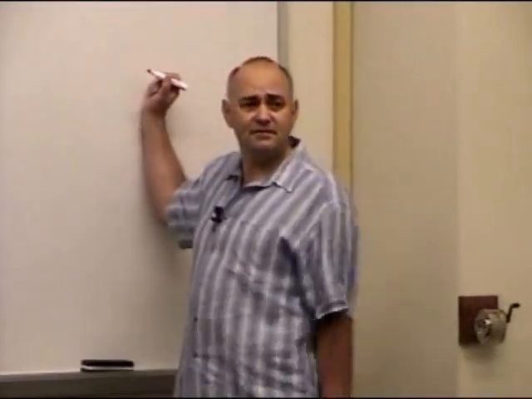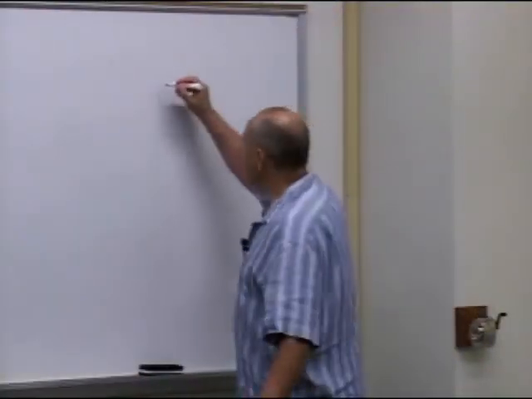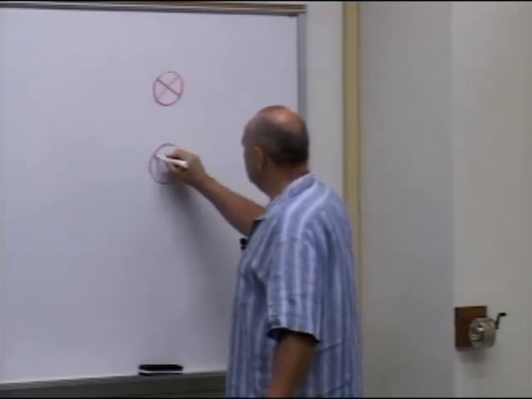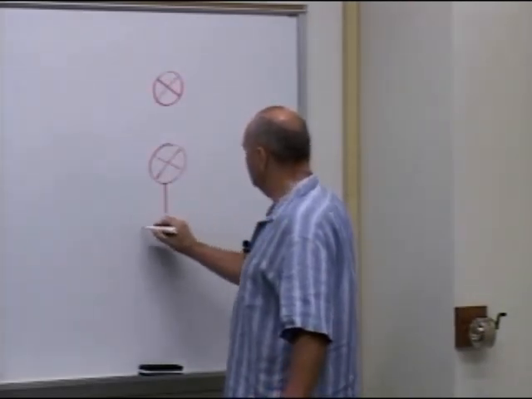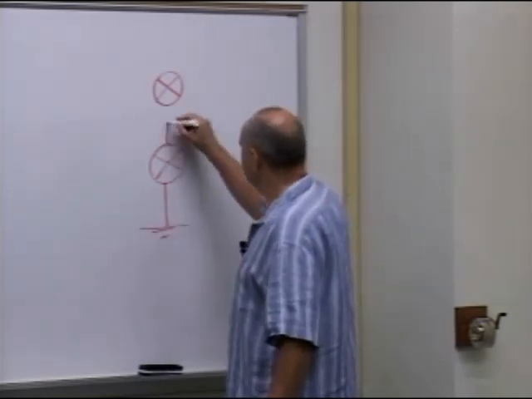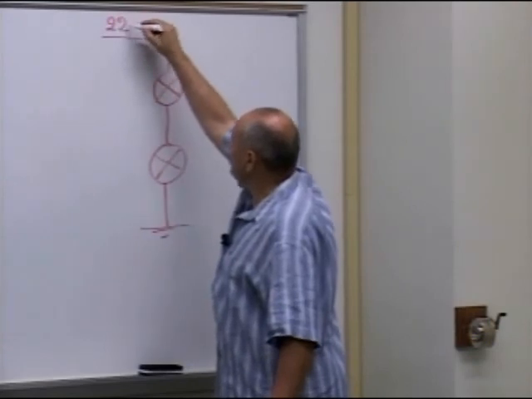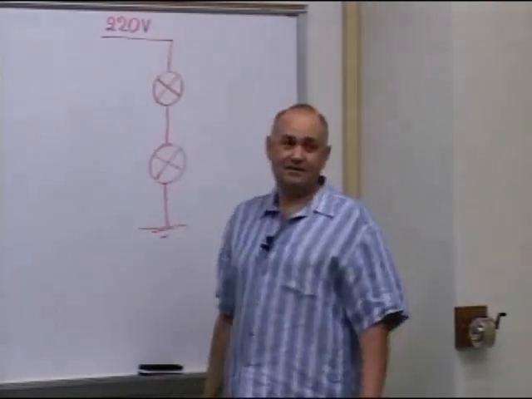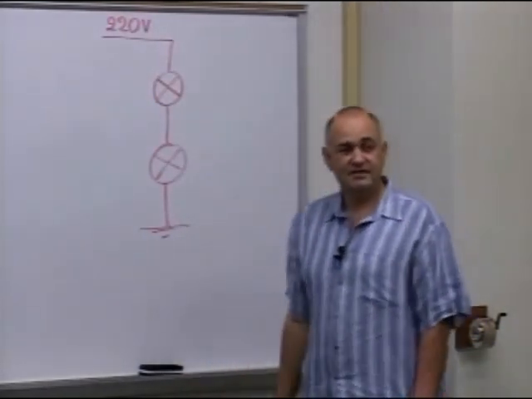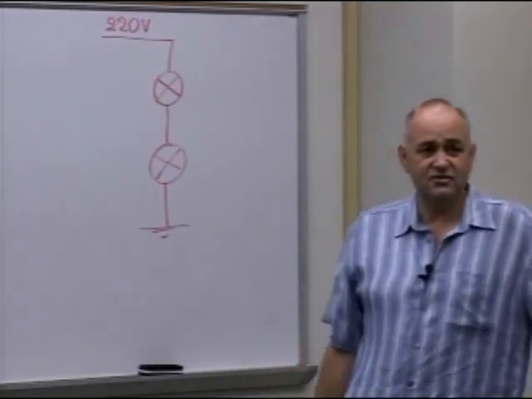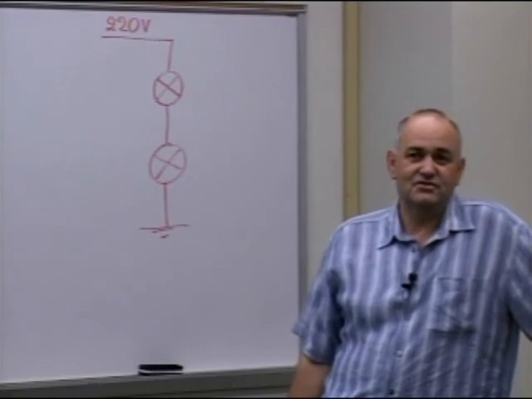And the idea was to connect them in series. So this is one light bulb, another light bulb, and they are connected to 220 volts. Now, American light bulbs are designed to operate at 110 volts.